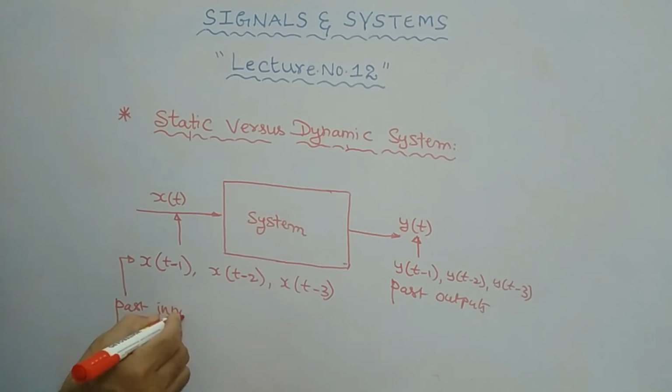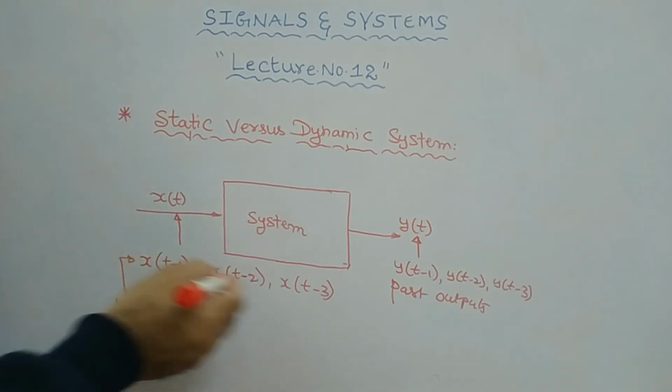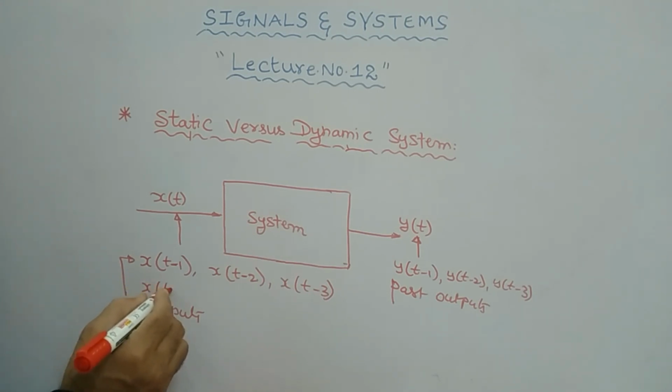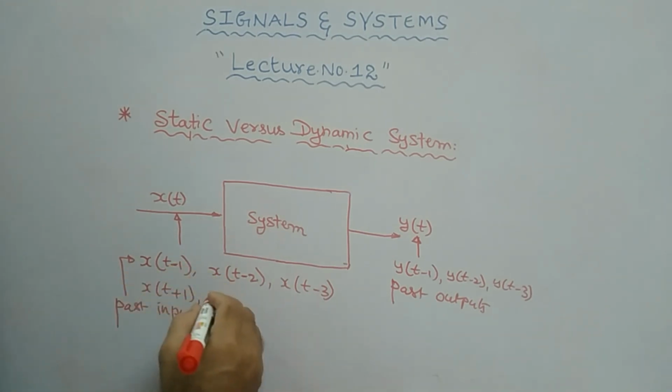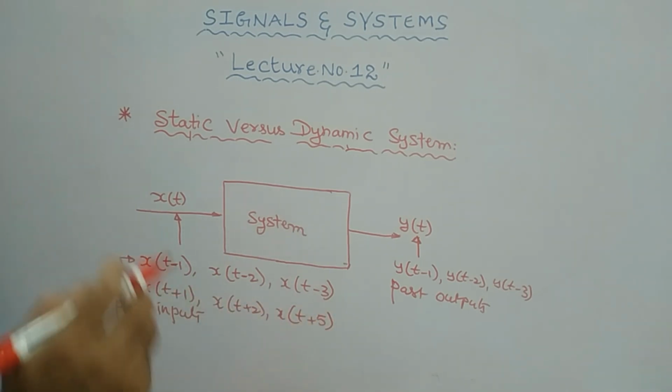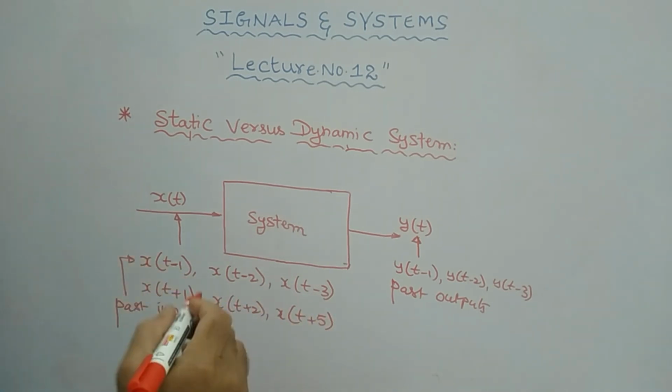On the other hand, if you consider the plus values, say x of t plus 1, x of t plus 2, x of t plus 3 or t plus 5, whatever it is, you can take any value. If you consider the plus values, those are called future inputs.